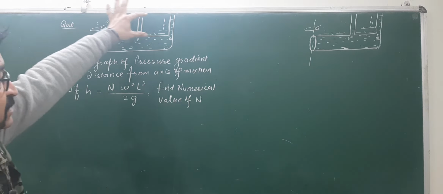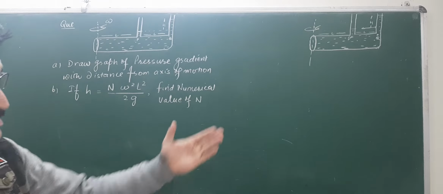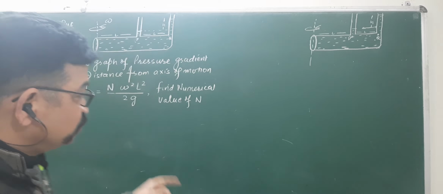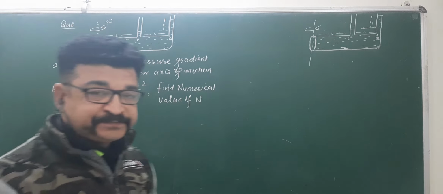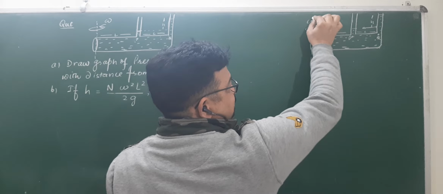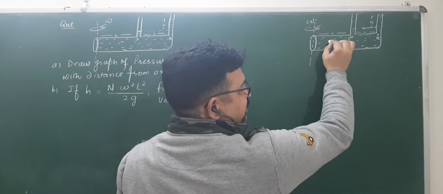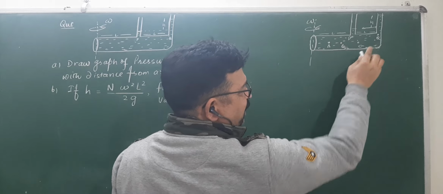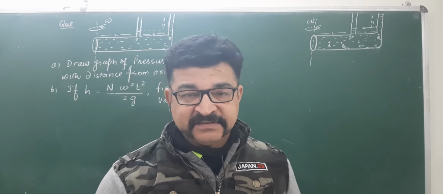We have two vertical tubes. The separation between them is L each. So let's discuss how to tackle this question to find the numerical value of n and the graph of the pressure gradient. When you make this system rotate, every point, A or B or C, is at a different distance from the axis.